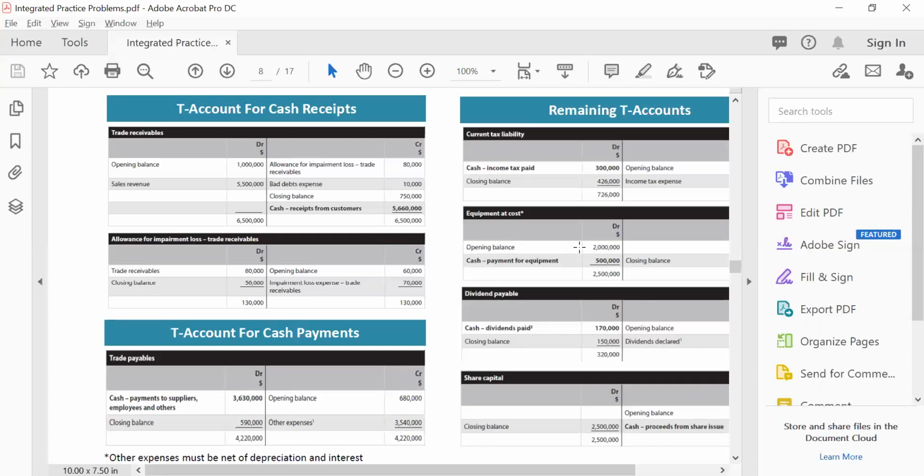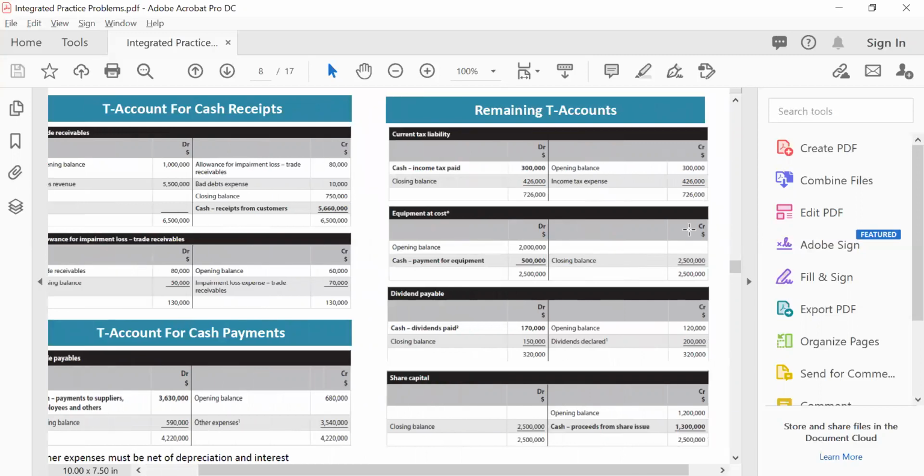And so the opening balance is going to be a debit at equipment at cost, and so that's why this opening balance is on this debit side as opposed to this credit side, okay? And so we know that the additional increase in equipment over the year, so the company has acquired equipment, is going to be a debit to asset, okay? And then there's going to be a credit to cash, right? And so this debit to asset is what is recorded here, okay?